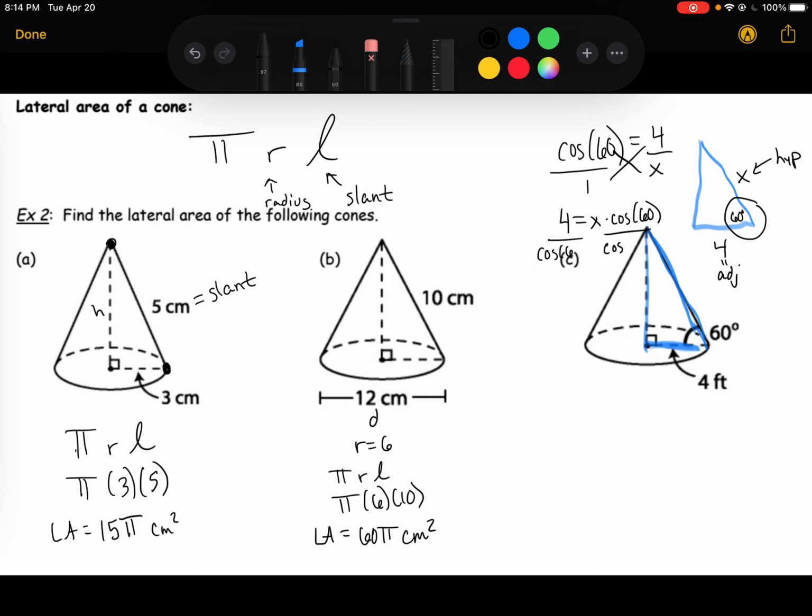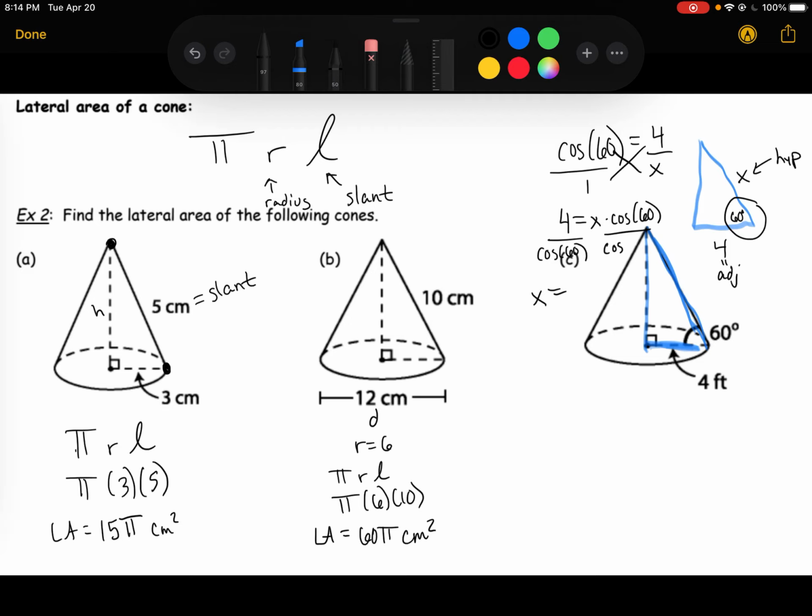We'll put cosine over 1 and do some cross multiplication. So 4 equals x times the cosine of 60. Divide both sides by cosine of 60, and we get x equals 4 divided by the cosine of 60.